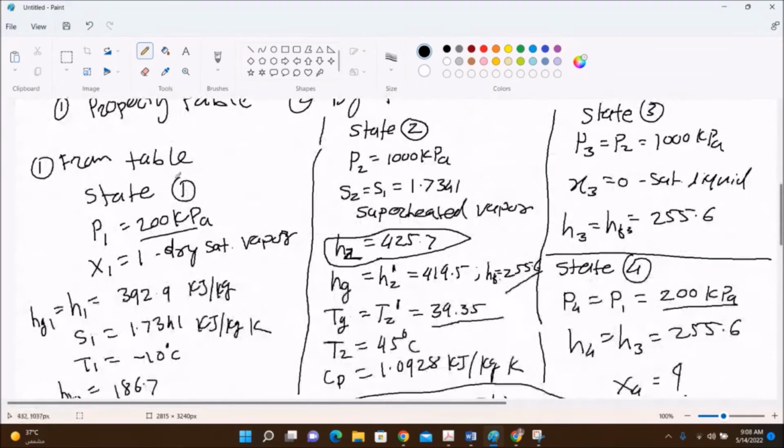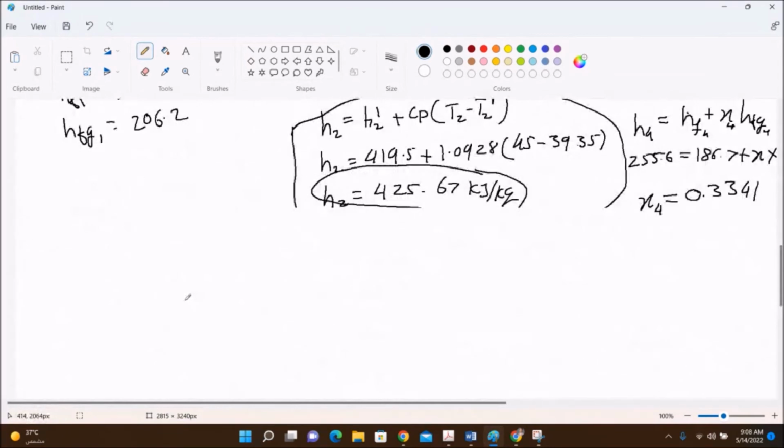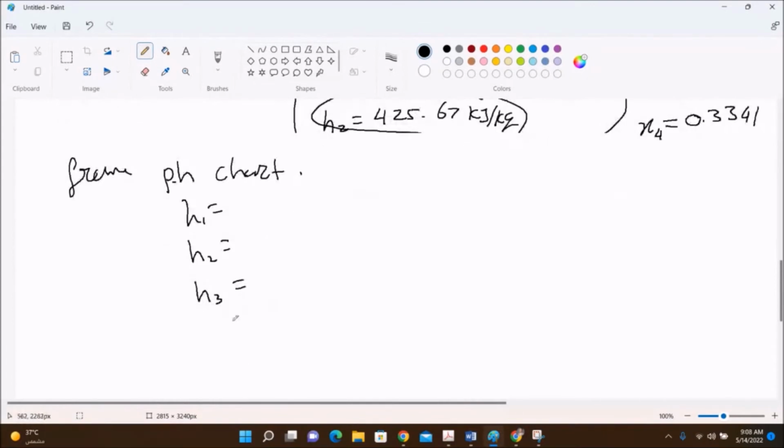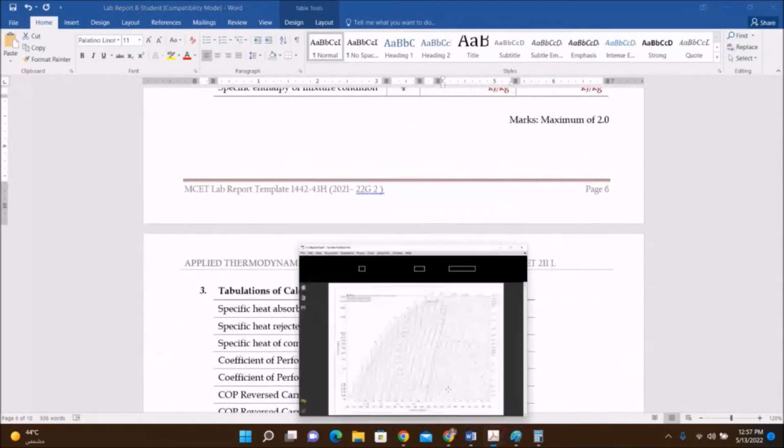From the property table, I calculated H1, H2, H3, H4. Similarly, I will calculate them from the pH chart. So I can write H1, H2, H3, and H4. Okay, now the pH chart.